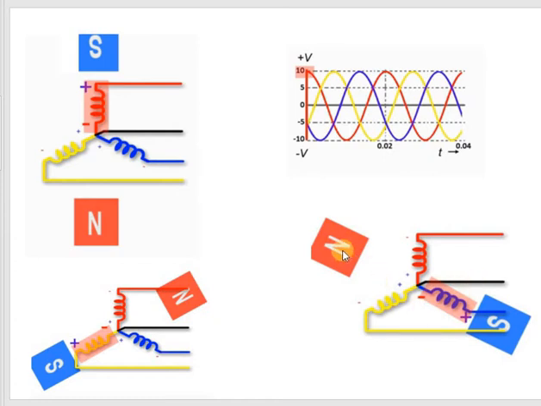So the magnetic field flows from here to here, and then the conductor current moves from here to here. Then you get the peak for blue. This is a simplification of how three-phase alternating current is generated and how the system is designed.